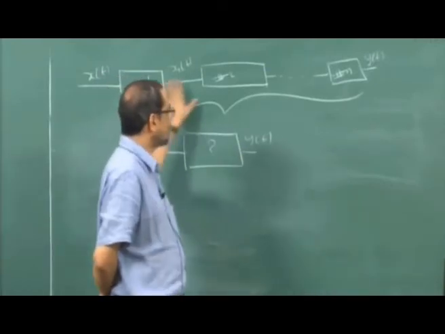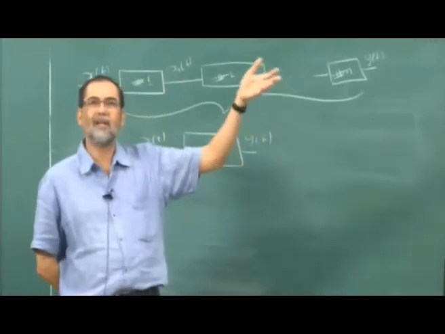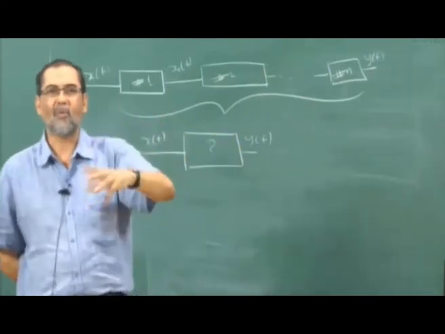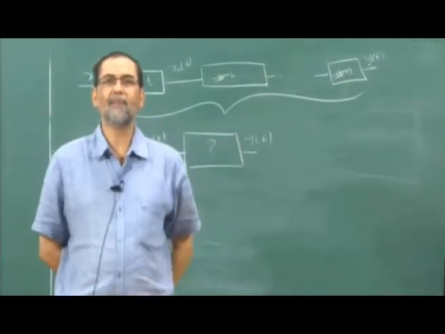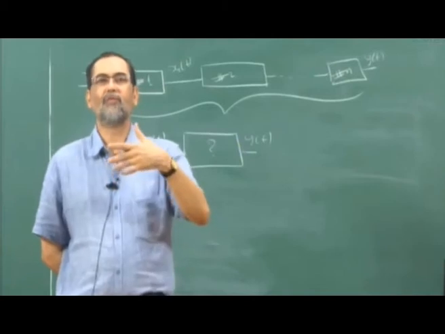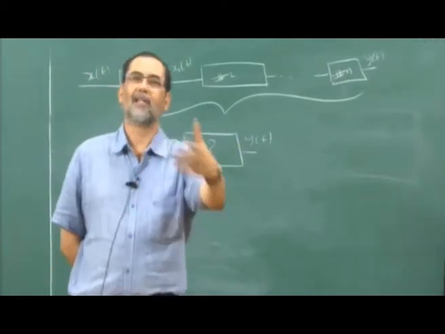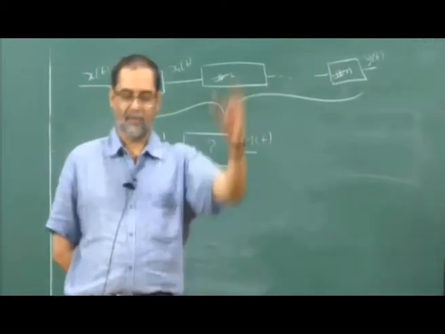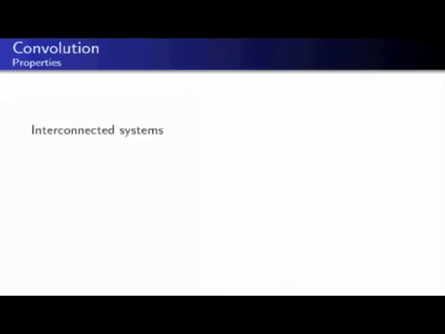The reason this is important is that all practical systems are not just one system, but consist of multiple systems where the output of one processor is given as input to the second processor, and so on. So that's the interconnection of systems.